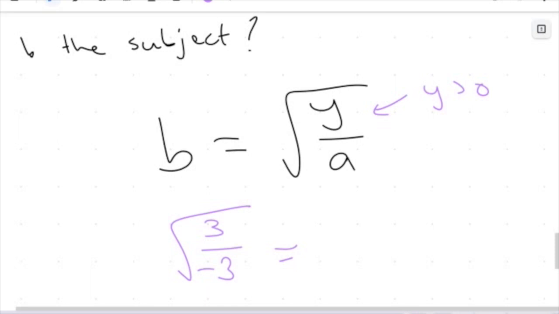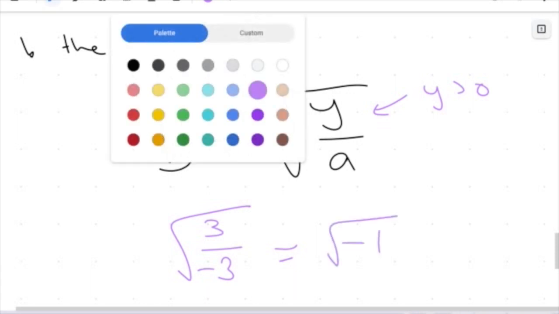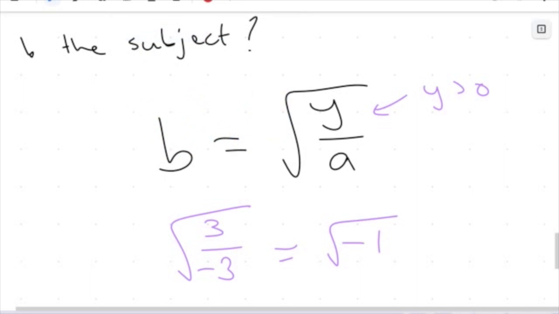Now, when I divide a positive number by a negative number, I'm going to get a negative answer. But can I have a negative number inside a square root? No, I cannot. You can try this in your calculator. If you put the square root of 3 over negative 3, or the square root of negative 1, it will come up with math error. You won't be able to find this.